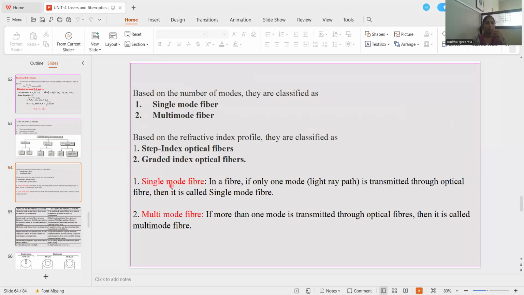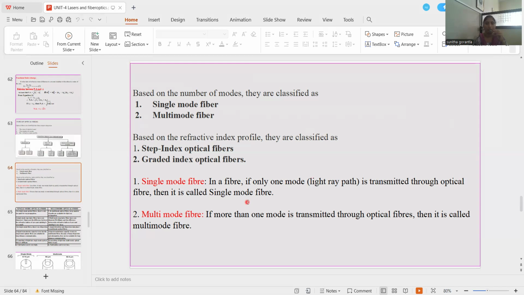So based on the number of modes of propagation, they are divided into two types, single mode and multi-mode. Now, what is single mode fiber? In a fiber, if only one mode is transmitted through the optical fiber, then it is called single mode fiber. Multimode means if more than one mode is transmitted through the optical fiber, then it is called multimode optical fiber.